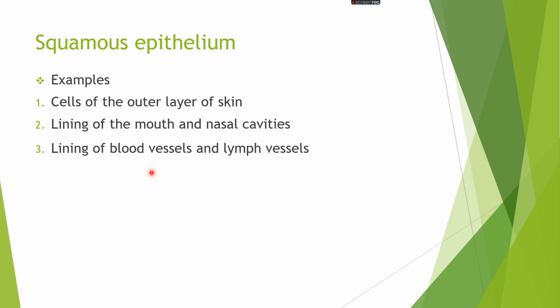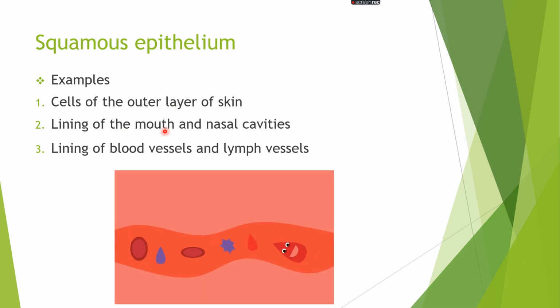First, it is located in the cells of the outer layer of the skin, lining of the mouth and nasal cavity. Your nasal cavity means the holes which are there in your nose. Third, lining of the blood vessel and lymph vessel. Here you can see in this diagram, lining of the blood vessel means this boundary over here.